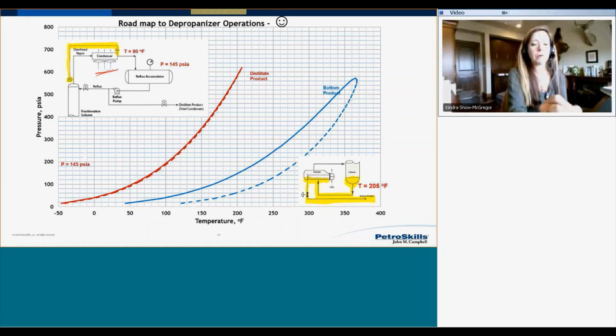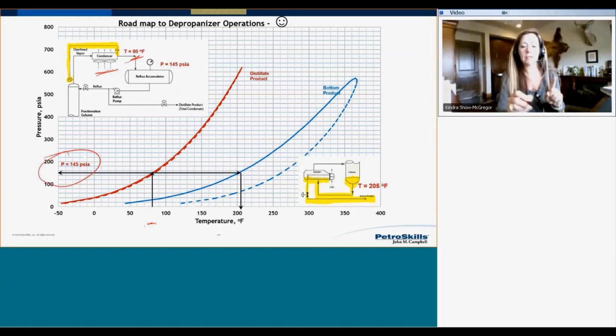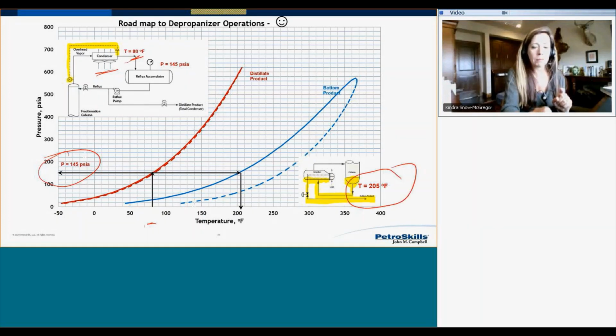So, for example, let's say I could get my distillate condensed at 80 Fahrenheit. Notice this is a big deal. When I condense at 80 Fahrenheit, my column pressure is now 145 psia. That's a really good deal, because notice what happened to my bottoms required temperature.